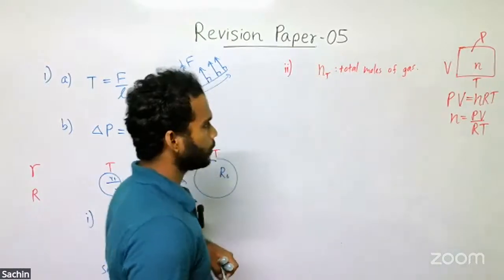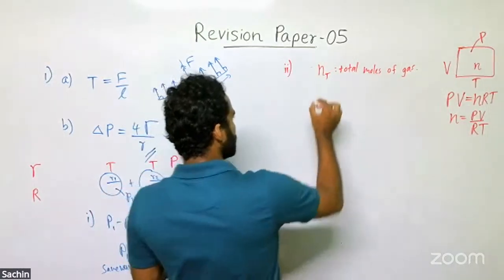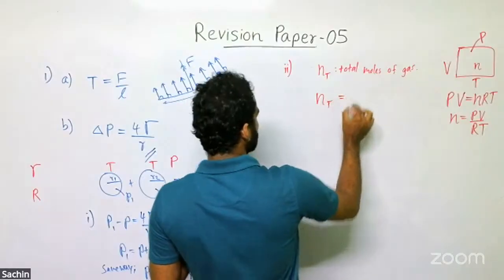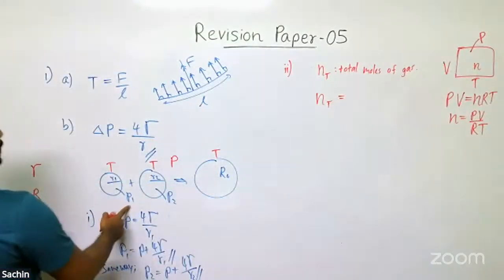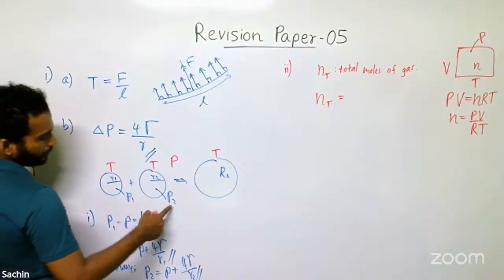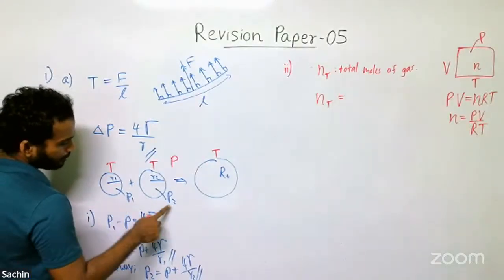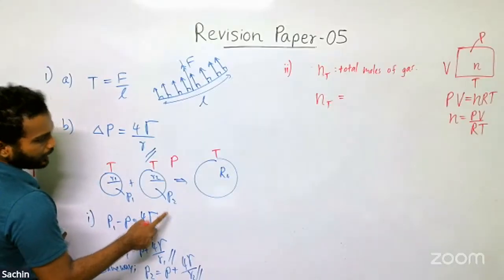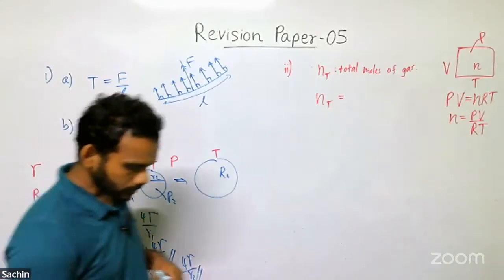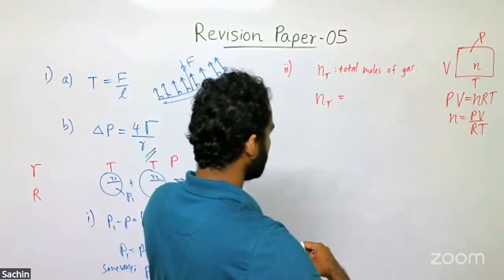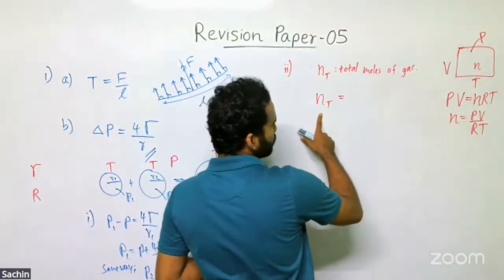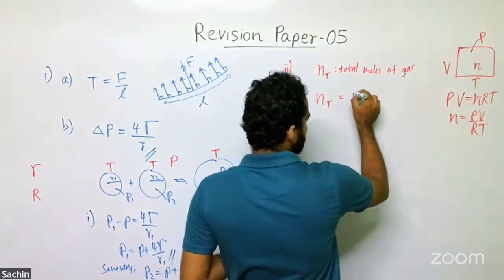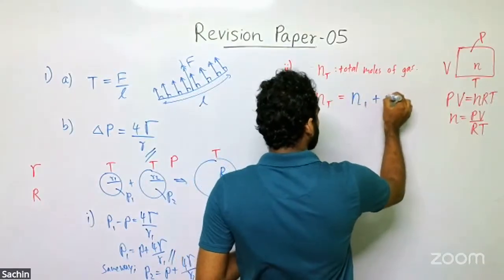subjecting. Okay. By the way, the total number of moles you have to calculate in terms of P1 and P2. P1 and P2 are two separate pressures for two different samples. That means you have to calculate this total number of moles by taking them separately.